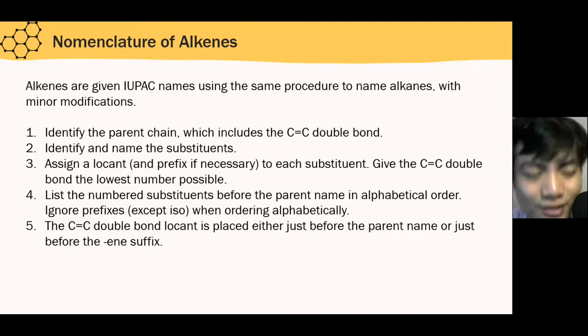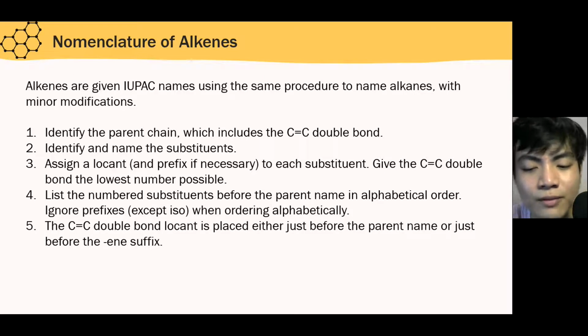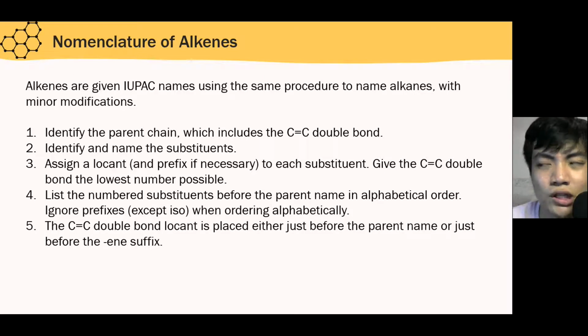Okay. So now let's proceed, assuming that you know how to name the alkanes already. So, in the nomenclature of your alkene and alkyne, it is very similar with the nomenclature for your alkane. Okay. However, there will be some minor changes. Okay. So, ito yung mga rules natin.